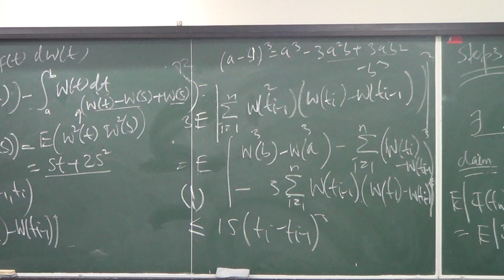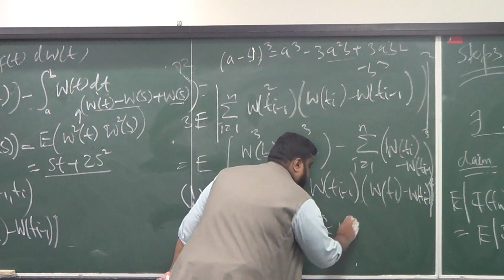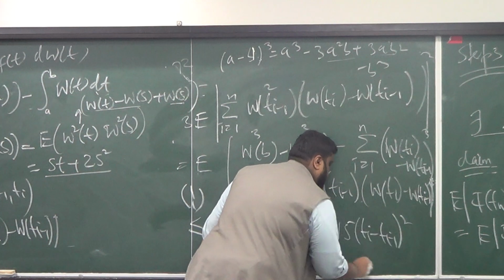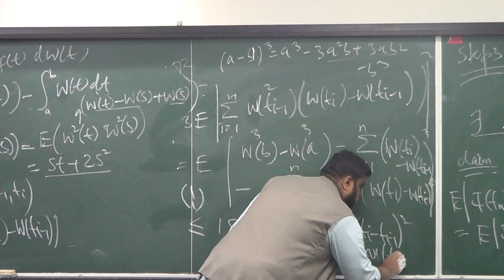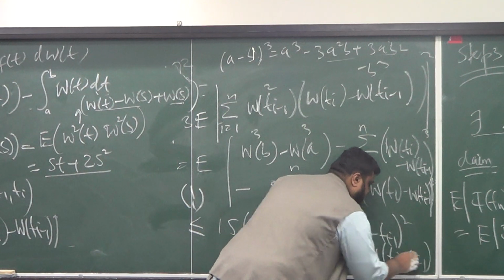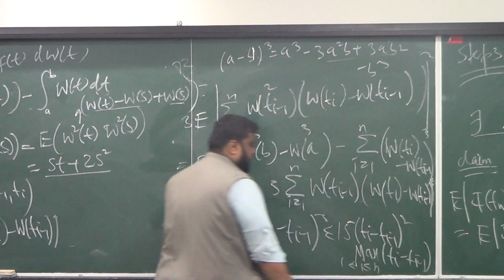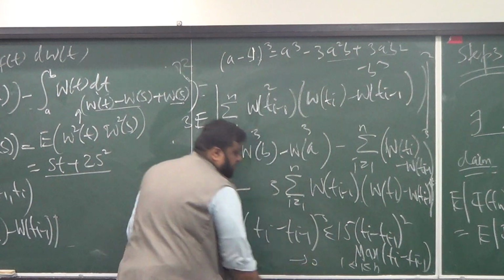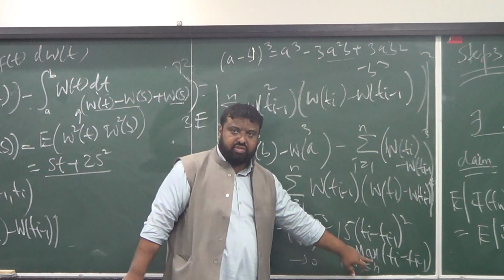This is an estimate that we have to verify, and I can estimate this by 15 times t_{i-1} square times the maximum of the t_i minus t_{i-1}, where i runs from 1 to n. So what are you going to say? This guy goes to 0 as n goes to infinity, because this maximum will go to 0 as n goes to infinity.